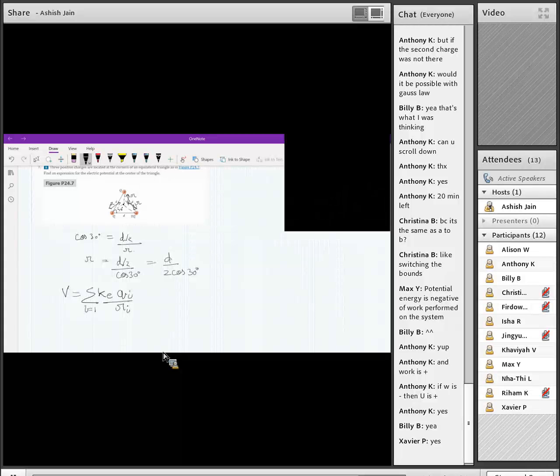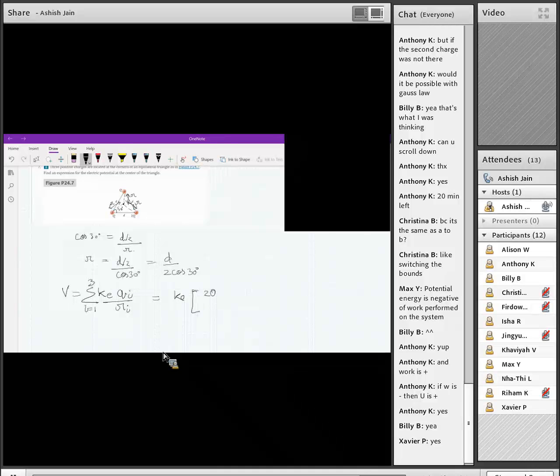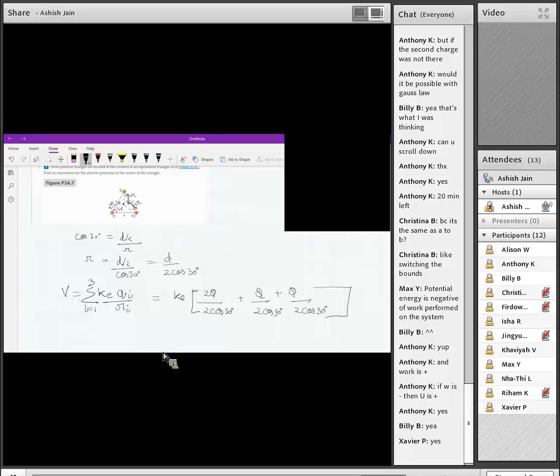Then this will be Ke Q by 2 cos 30 degrees plus Q by 2 cos 30 degrees, 2 cos 30 degrees. Everybody's with me? That's your answer to this question.